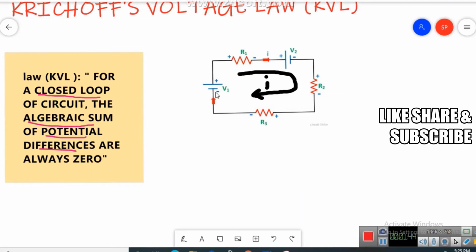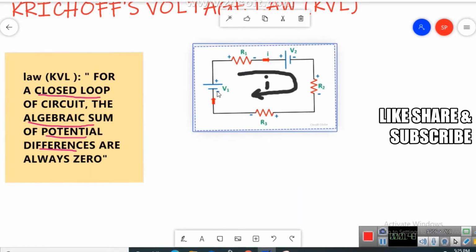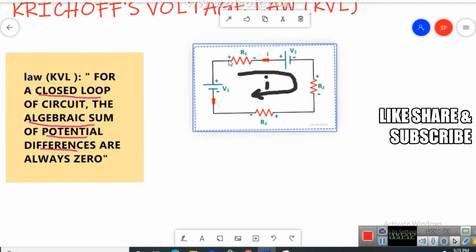You can see the signs are given over here. This being the negative terminal of the battery, the negative sign is given here. Similarly this one is positive. As the current enters from this portion, this is positive, and where the current leaves, it is negative.